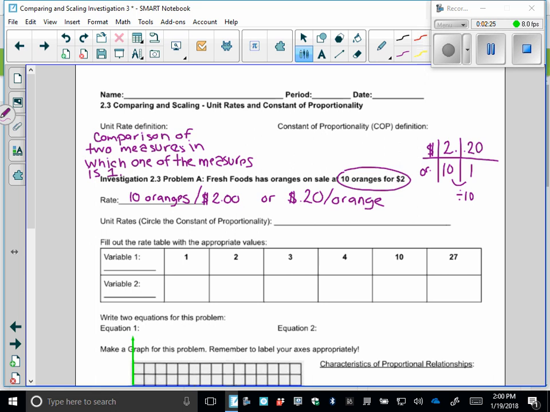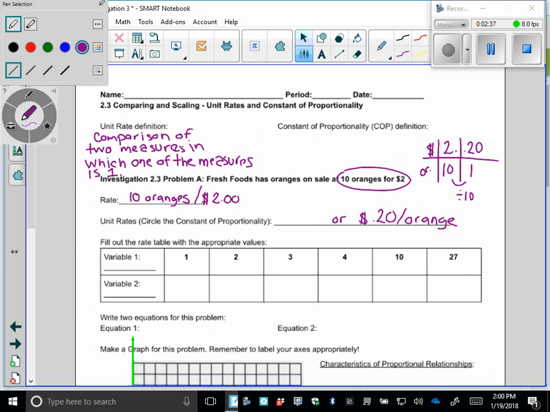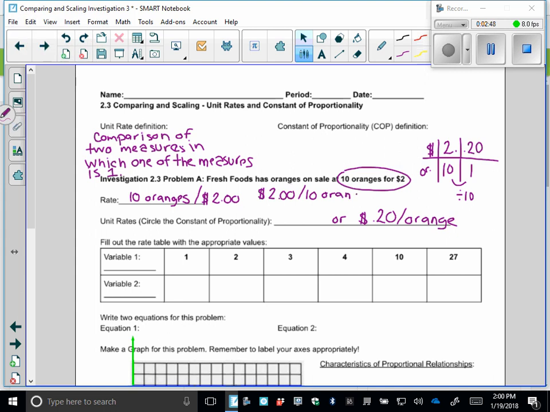So I made here a unit rate, so I'm going to slide this one down here. And the one that I think Elliot was saying, you could also say $2 for 10 oranges. So a rate just compares two measures, and the unit rate makes sure there's one of the measures in 1.